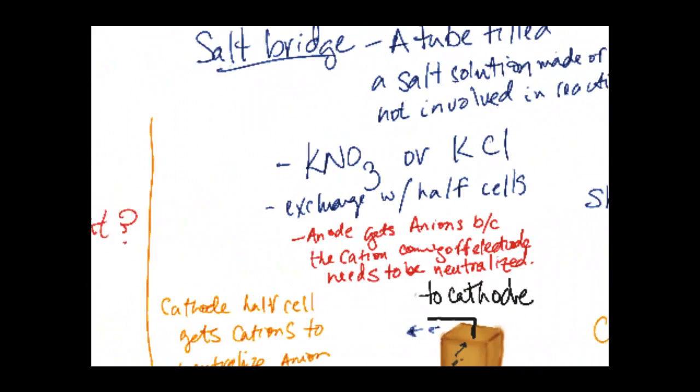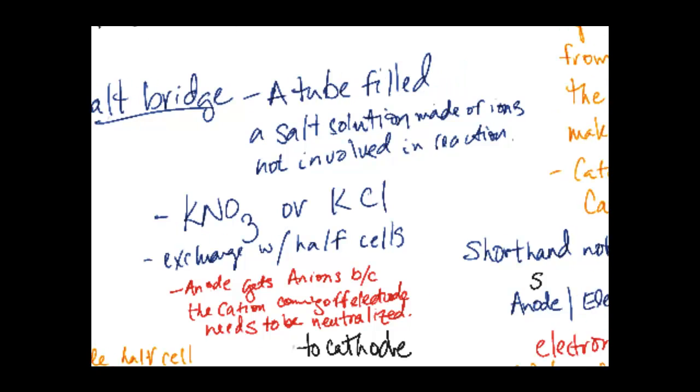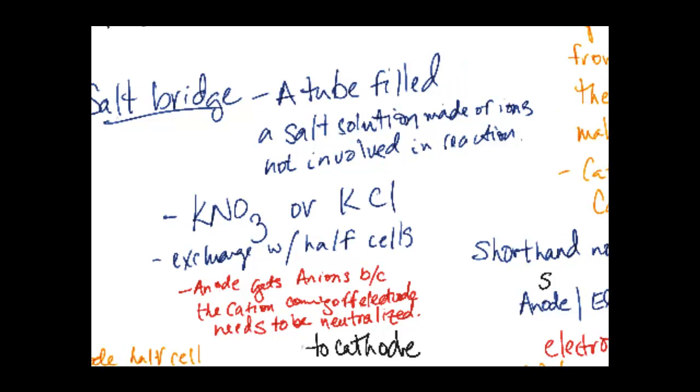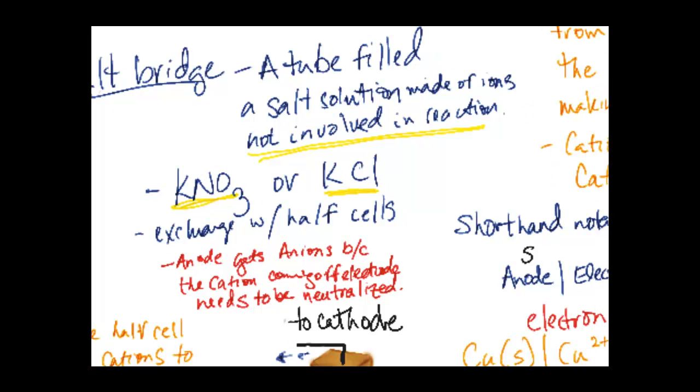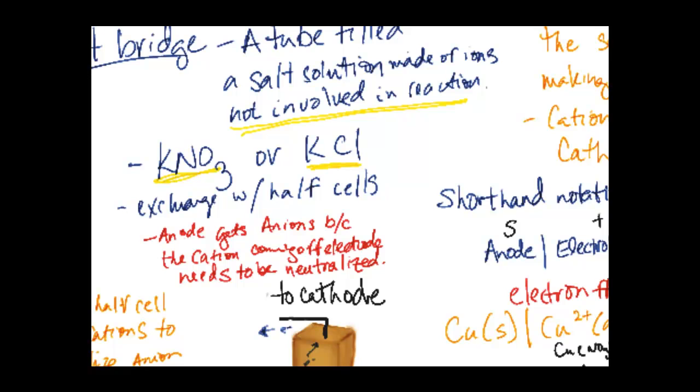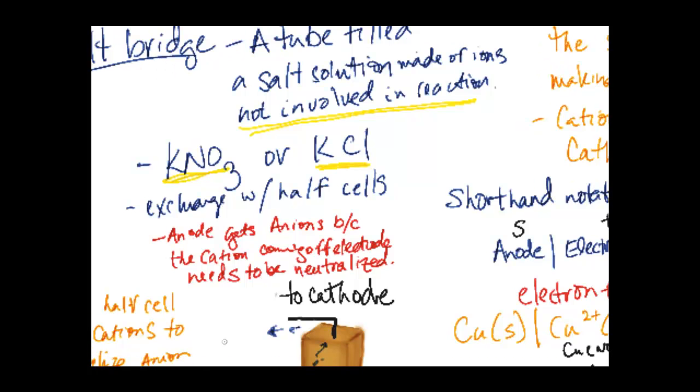Oh, before we get detailed, we have a salt bridge. The salt bridge is a tube filled with salt solution made of ions not involved in the reaction. So in this case, KNO3 or KCl could be used. Notice NO3 is more of a spectator ion. It's not doing any of the redoxing.